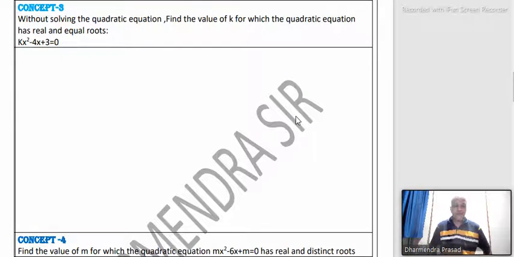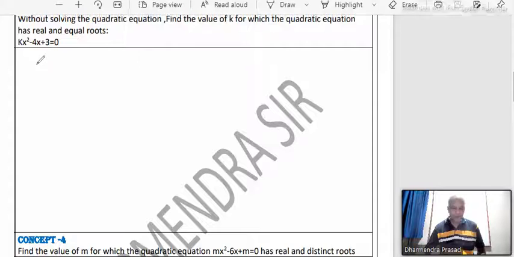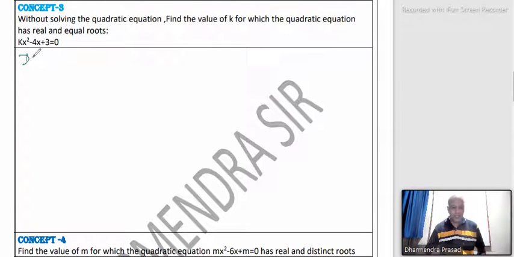Without solving the quadratic equation, find the value of k for which the equation has real and equal roots. Just now, in the second question, I discussed that roots are real and equal when D is equal to 0. So D should be 0, or we can say b square minus 4ac is equal to 0 when roots are real and equal.